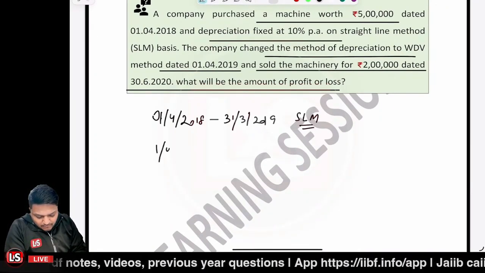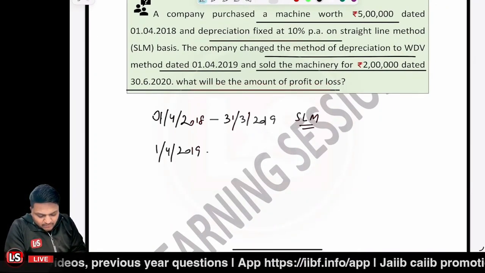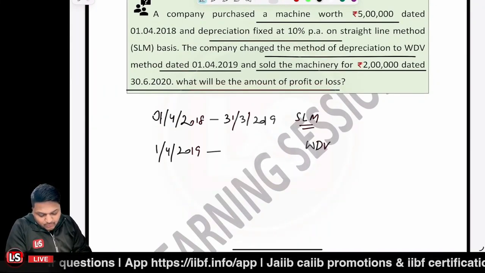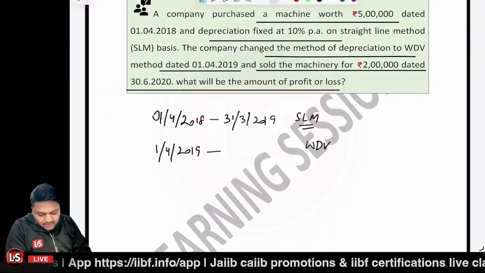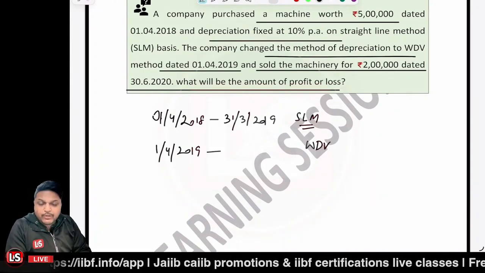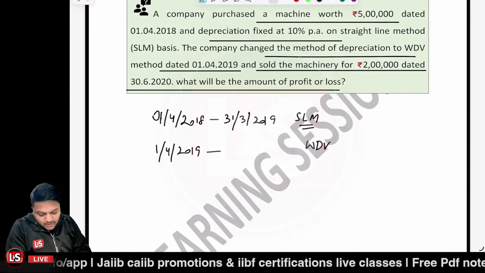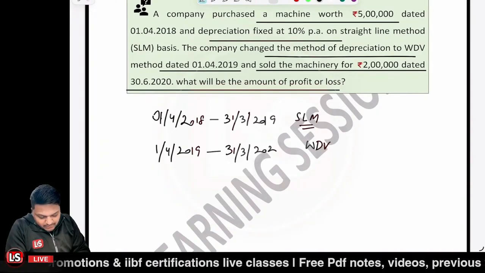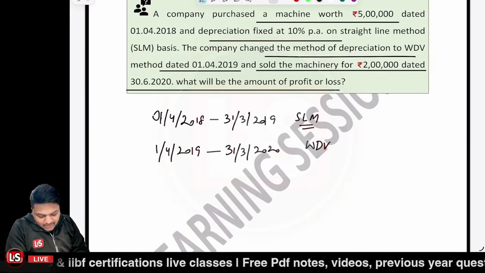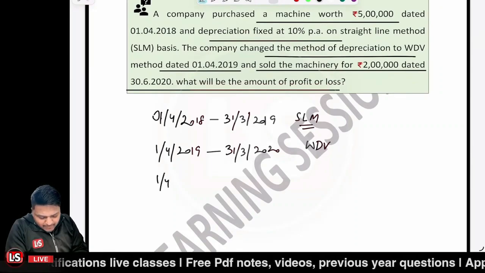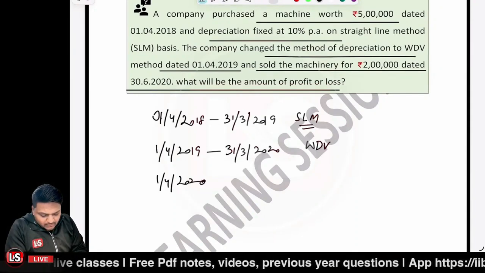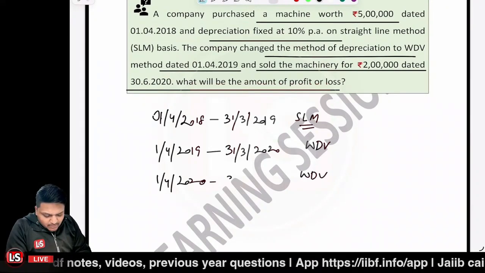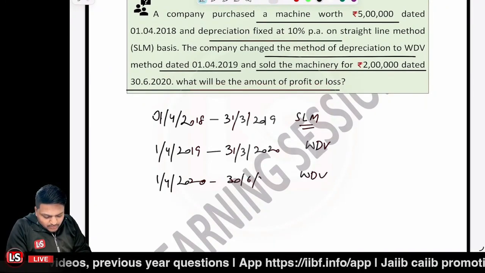And from 1st of April 2019 onwards, we use the WDV method. And till what date do we use the WDV method? Till 30th of June. But we are going to divide for the financial years, right? So up to 31st of March 2020, we were using the WDV. And also from 1st of April 2020, we were still using the WDV method, but we sold the particular asset on 30th of June 2020.